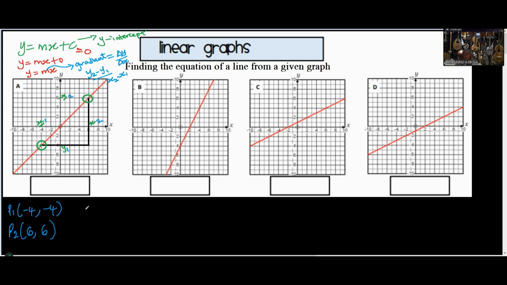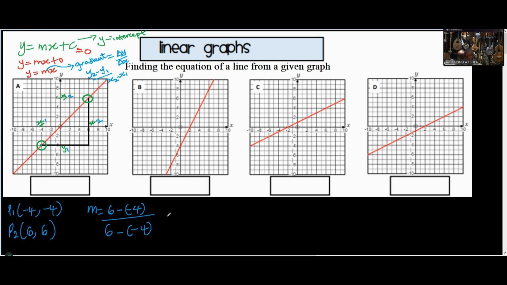Good. Then we have our gradient, which is y2 minus y1. Y2 is 6, y1 is negative 4, so minus negative 4. Then x2 is also 6, x1 is also negative 4.